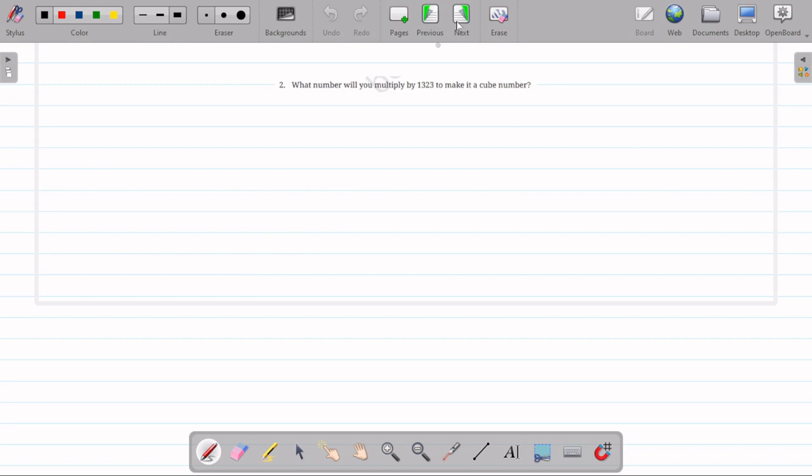What number will you multiply by 1323 to make it a cube number? The same way we'll use the prime factorization method. So we have 1323. 1323 will be divided by 3, we get 441. Again with 3 we get 147.